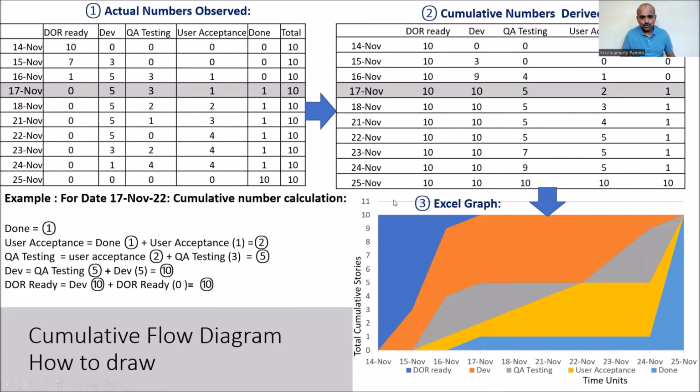So that you always have control on 10 features, and your top feature will be the definition of ready. That is this blue picture. And this amber is development, and QA testing is gray. And this yellow portion is user acceptance testing, and the done phase is light blue. So what are we doing here?